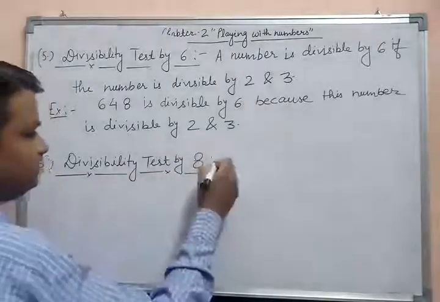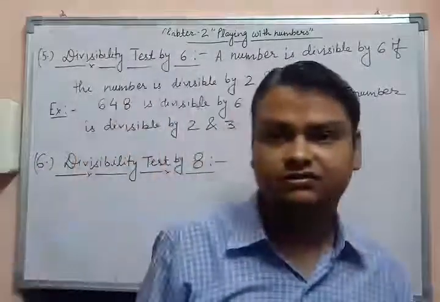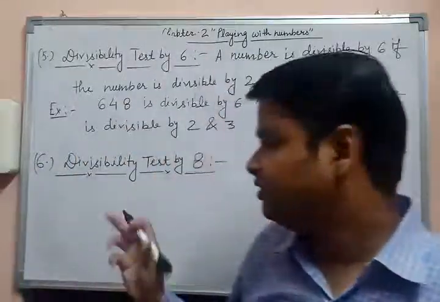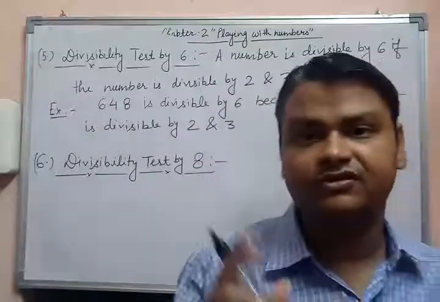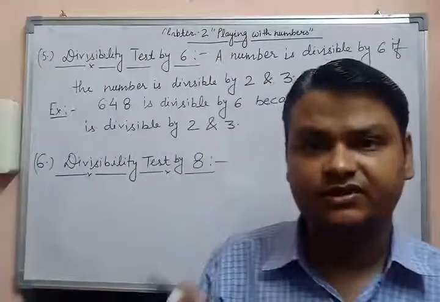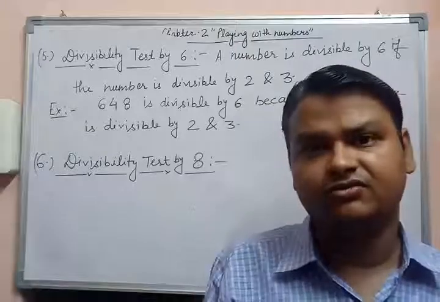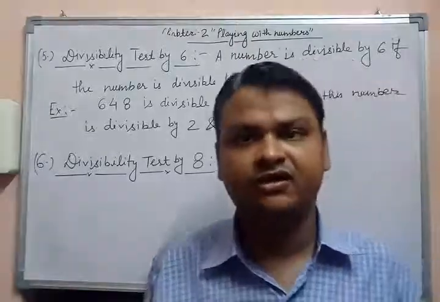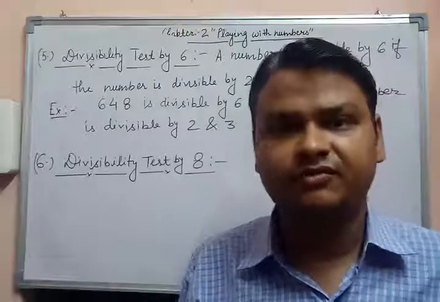So students, this rule for 8 is similar to the divisibility test by 4. In the divisibility test by 4, we have to check the last 2 digits. If the last 2 digits are divisible by 4, then we can say that the whole number will be divisible by 4.